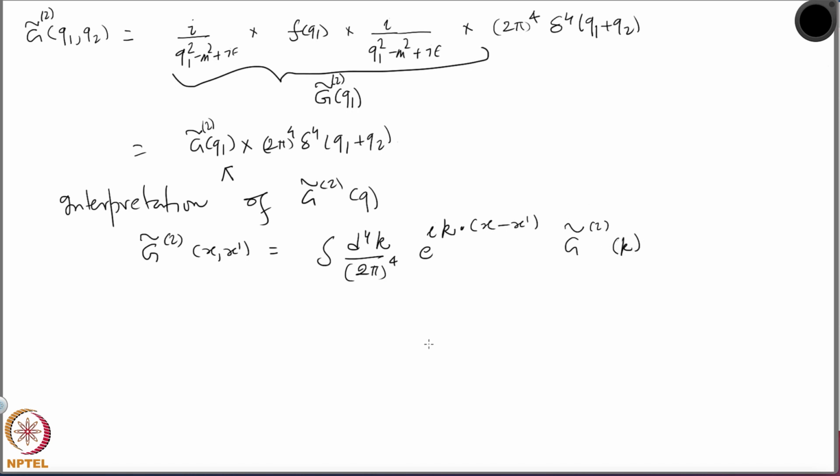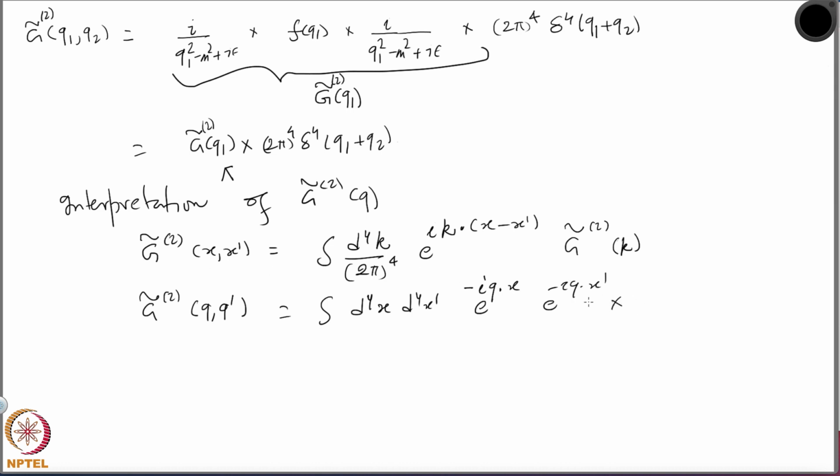Okay, now also if you look at the Fourier transform involving both the variables, transforming both x and x prime, then it was defined to be the integral d4x d4x prime e to the minus i q dot x e to the minus i q dot x prime, okay, times g of x1 x2, but that I will substitute from here.